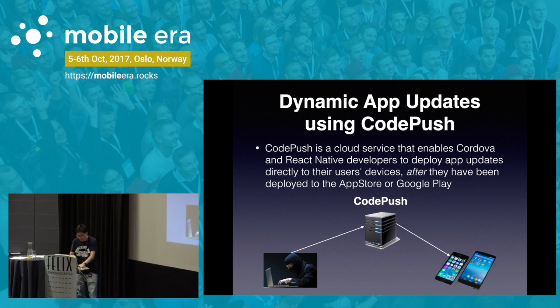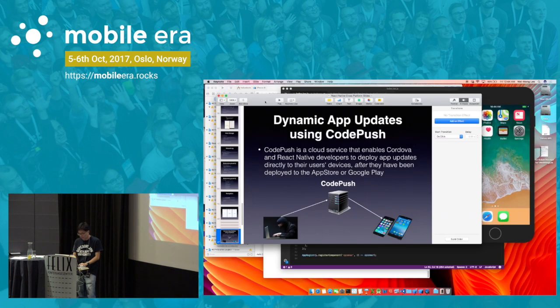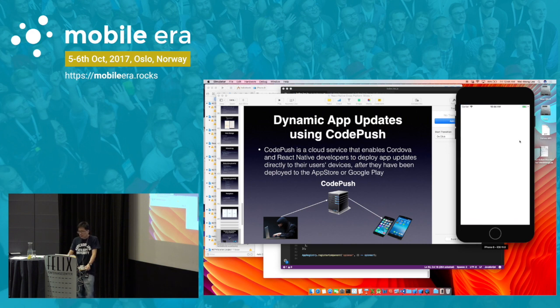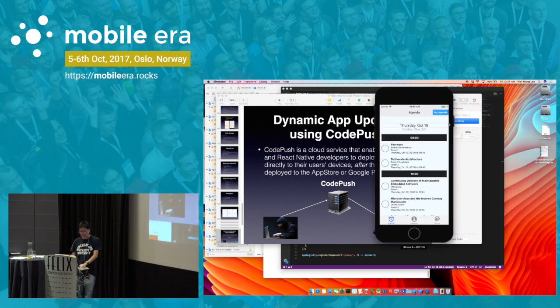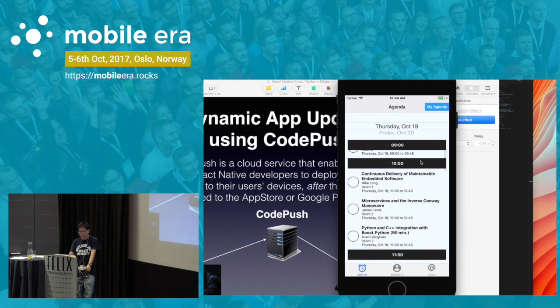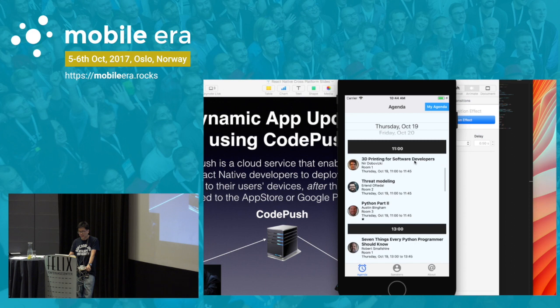Okay, let me show you a demo. Let me show you that NDC app first. There you go. So this is a section list, and a section list allows you to display a list of items.